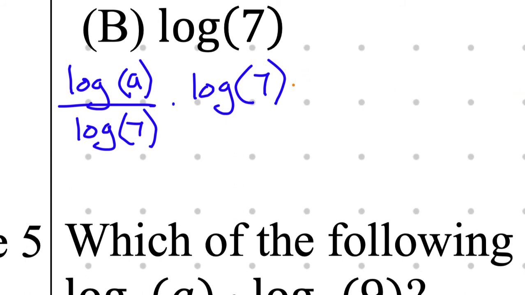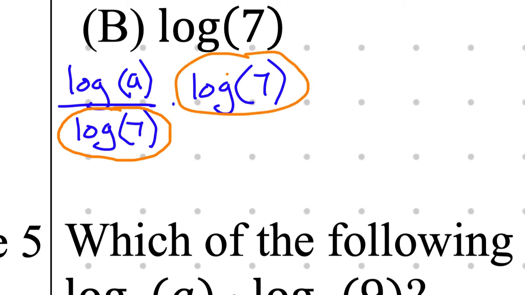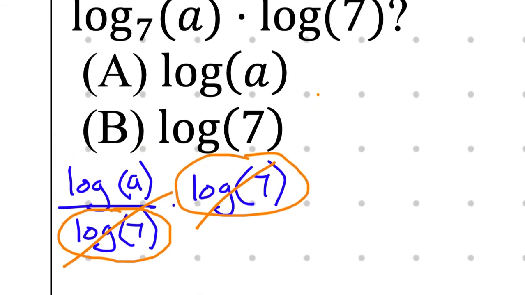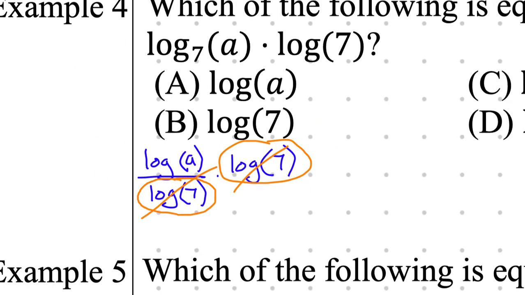So I have log of 7 on the bottom and log of 7 on the top. It's like having a 2 on the top and a 2 on the bottom. What do I do with these? You cancel them out. Yeah, they cross cancel. So cancel them out. Correct answer is log of A. Thank you, Anna. I'll take your card.